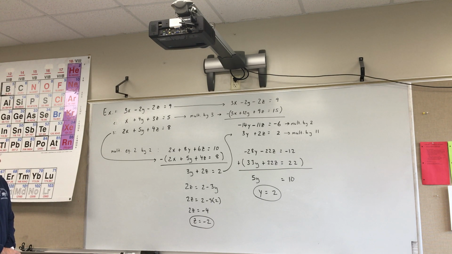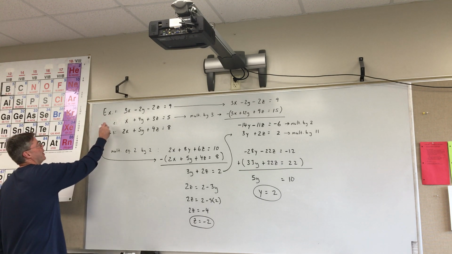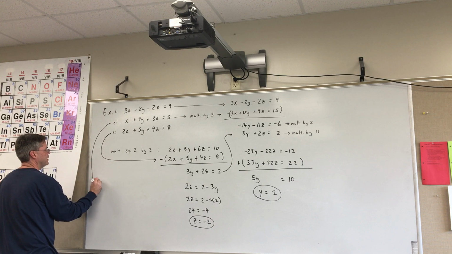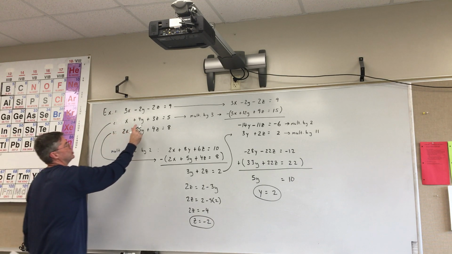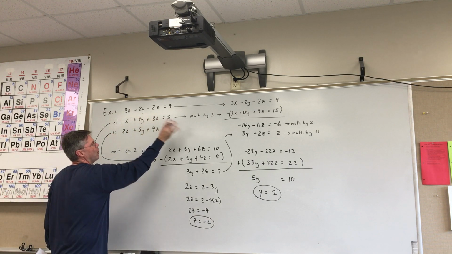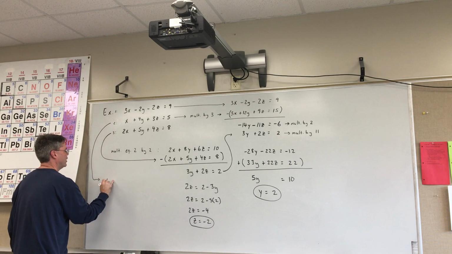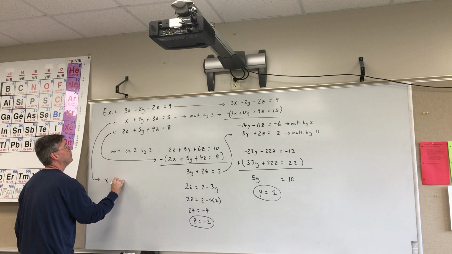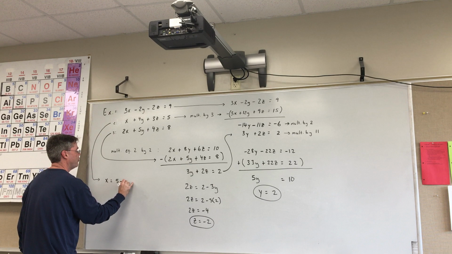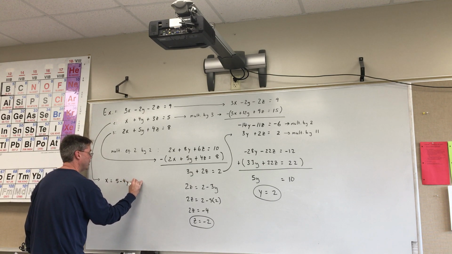All right, now I can get x, and I'm going to work with equation 2. That's the easiest one to solve for x. I'm just going to shoot the 4y and the 3z over to the right side. So we'll have x is equal to 5 minus 4y minus 3z.